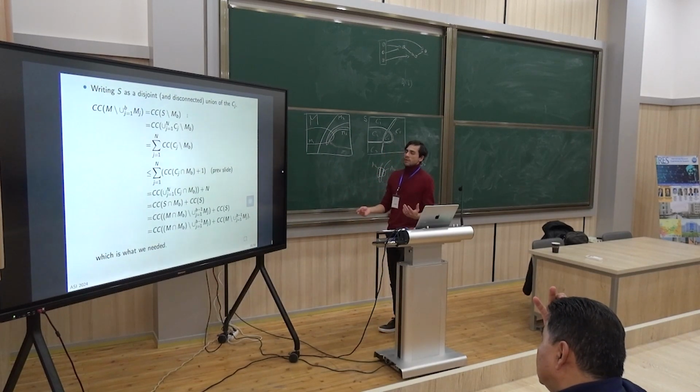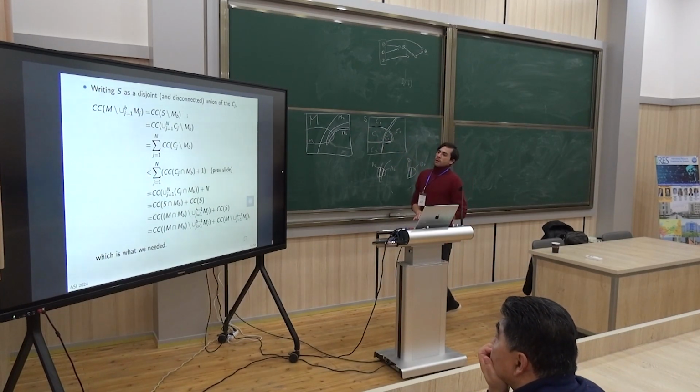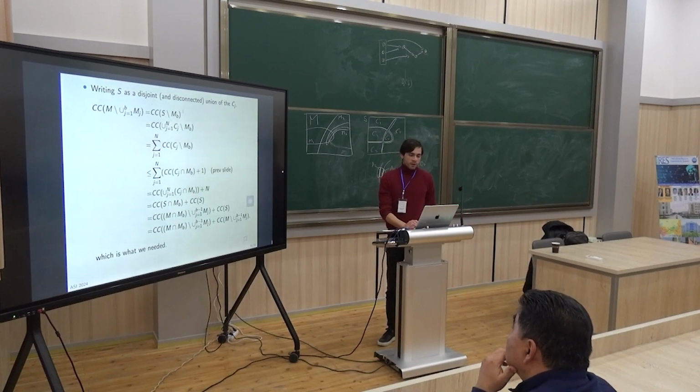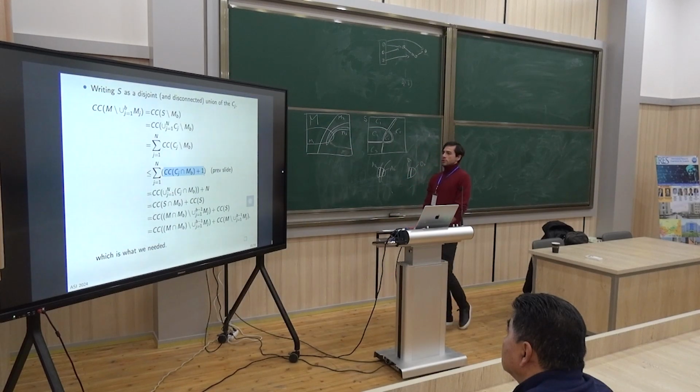Well, that's going to be the sum of the number of connected components for each of the different C's, and that's going to be bounded above, as we saw by the previous slide, this guy is bounded above by this guy, so that was kind of the conclusion from the previous calculation.